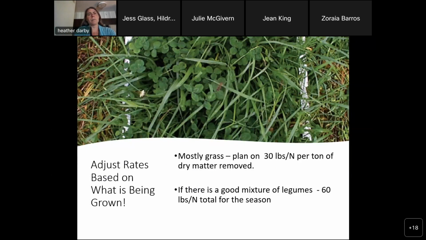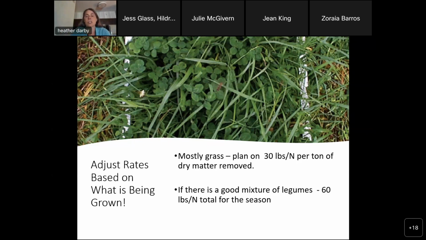But hopefully if you're in this training, you consider pasture a very critical crop. It is a crop. It requires fertility, nutrients, management. And so making sure you're treating your pastures like all the other crops on your farm is important for success.